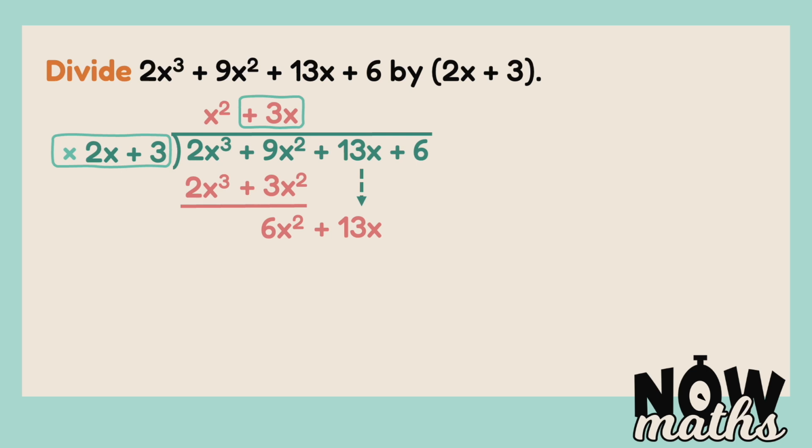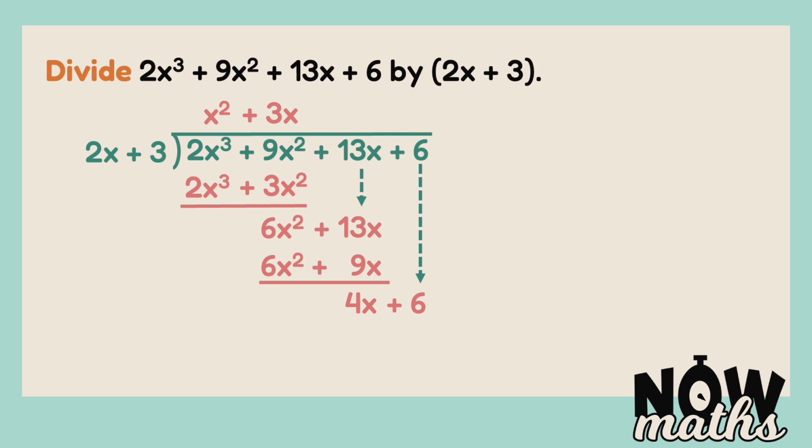And 3x multiplied by 2x is 6x squared, and 3x multiplied by 3 is 9x. We then subtract to work out the remainder. So 6x squared subtract 6x squared is 0, and 13x subtract 9x is 4x. And again we bring down the next term from the cubic, which this time is 6.